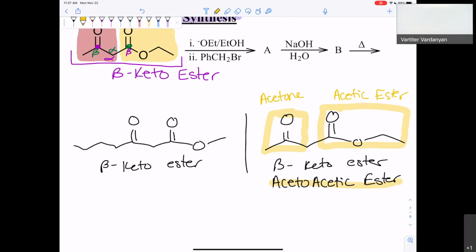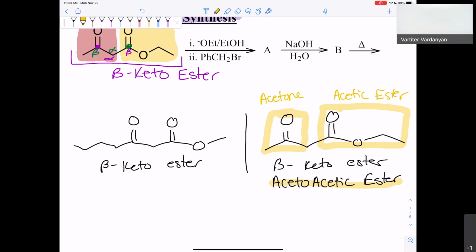So even though this reaction is called the acetoacetic ester synthesis, you can use any beta keto ester for this reaction. Yes. So the name of this reaction is the acetoacetic ester synthesis, but you can use any beta keto ester.